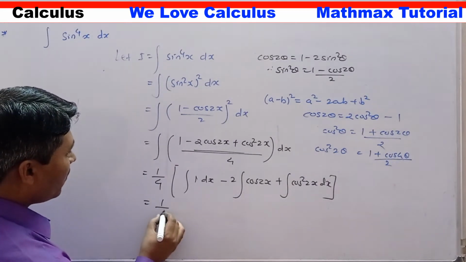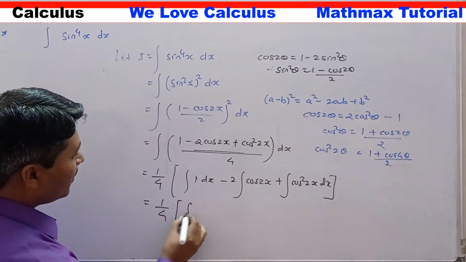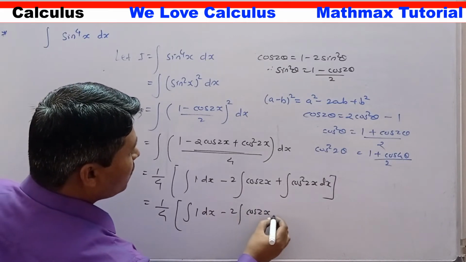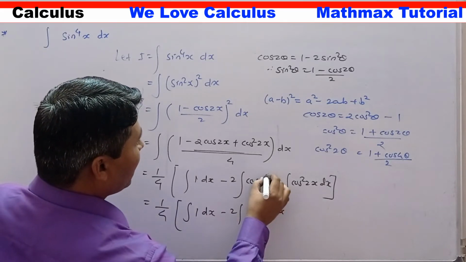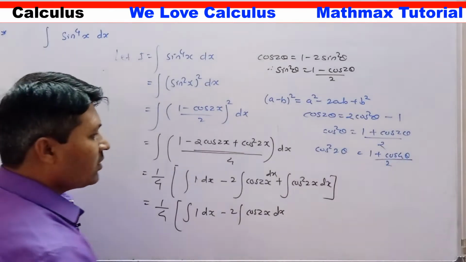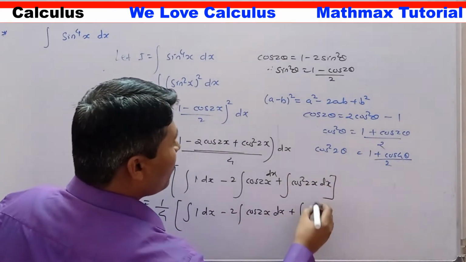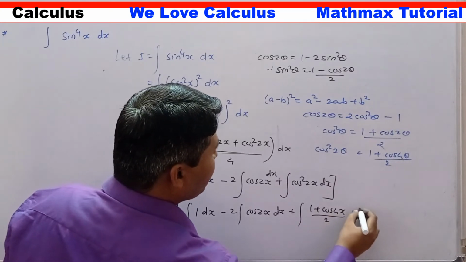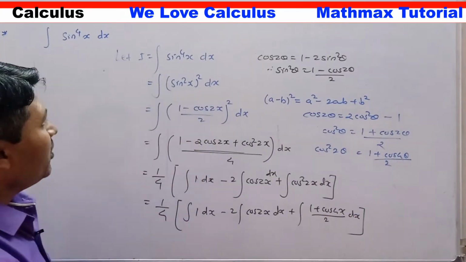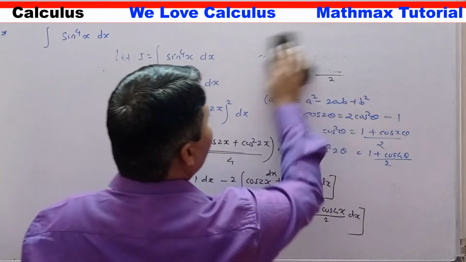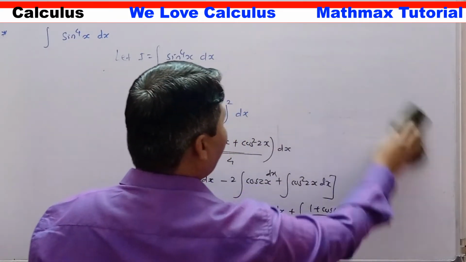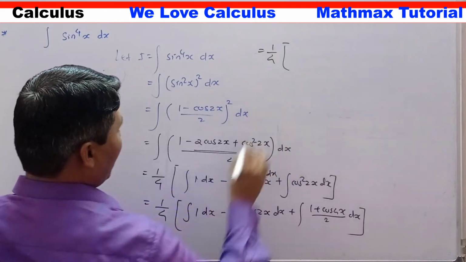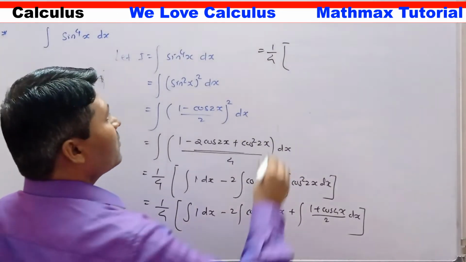Then 1 by 4 is the constant term: integration 1 dx minus 2 times integration cos 2x dx plus integration (1 plus cos 4x) divided by 2 dx, bracket complete. Then the simplification becomes 1 by 4 times, in brackets, integration 1 is x.